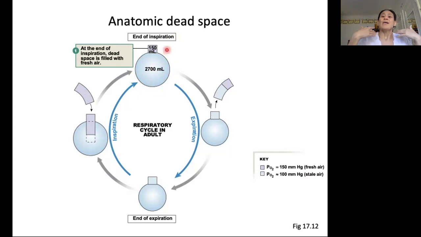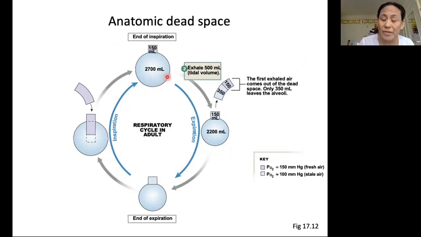We also have fresh air that comes into our airways, and that air does not participate in gas exchange. Therefore, it remains fresh air, which is why it's shown as purple here. Also, I just want to mention that most of the air in the lungs is stale, because we have all this residual volume and expiratory reserve volume, all of which has participated in gas exchange.